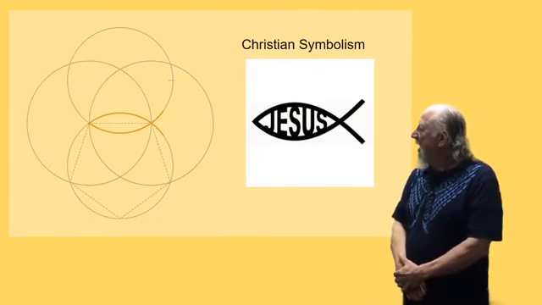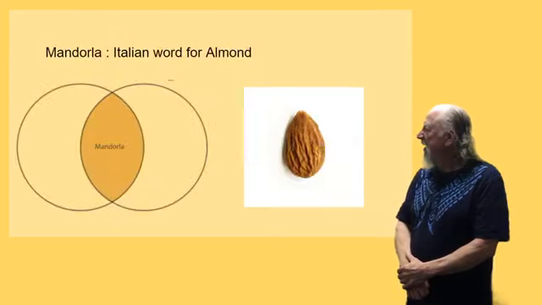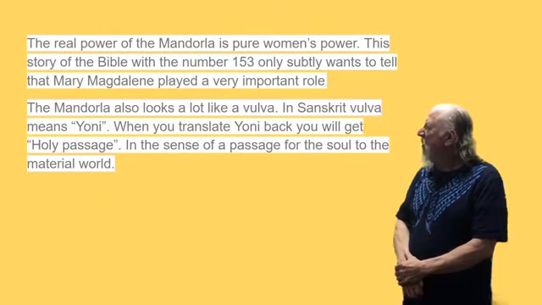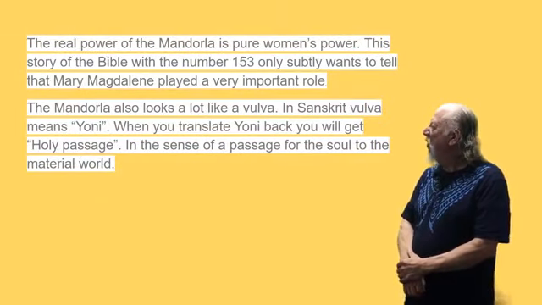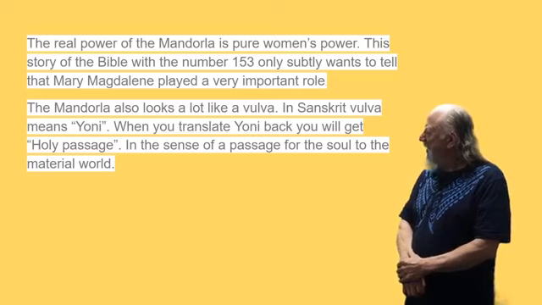Okay, next. And we have some Christian symbolism here, and that's derived from the mandorla. So next. Mandorla is an Italian word for almond. And the real power of the mandorla is pure woman's power. The story of the Bible with the number 153 subtly wants to tell that Mary Magdalene played an important role.